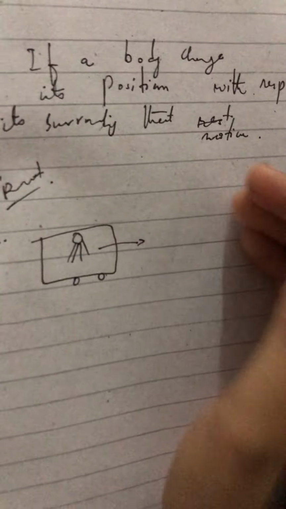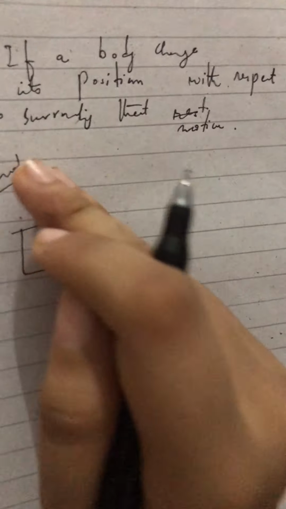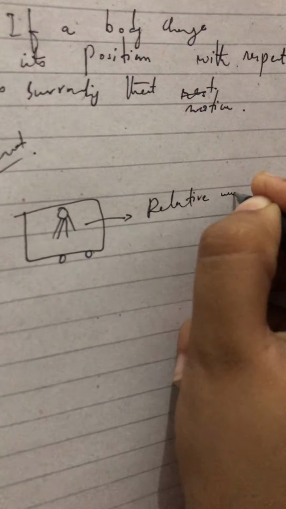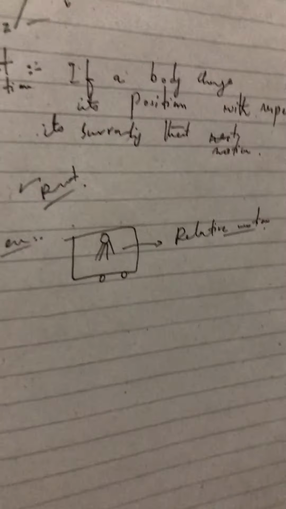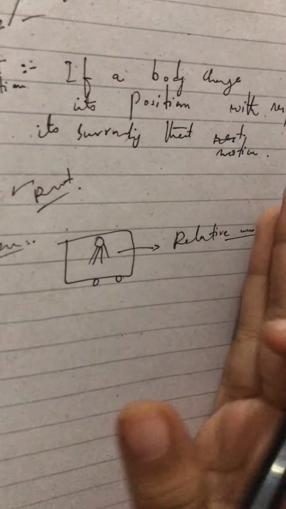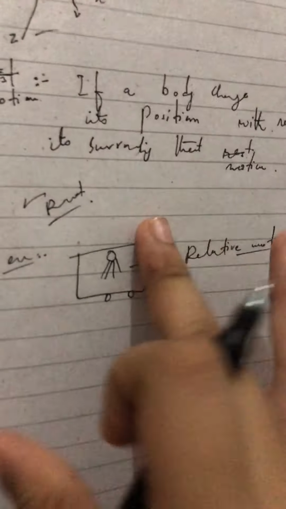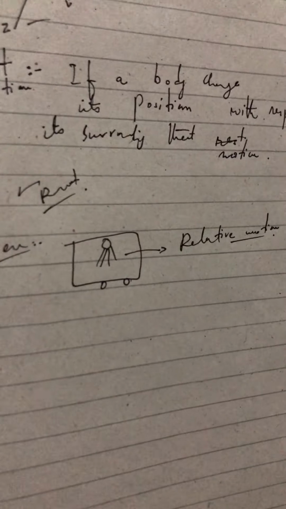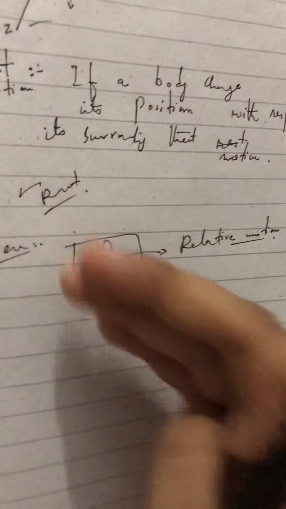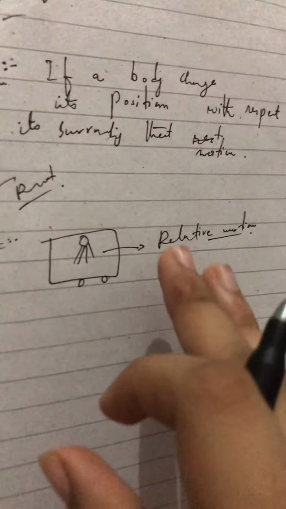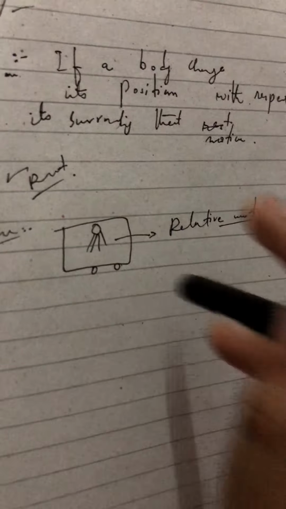If a body changes position with respect to a second body, that will be called the relative motion. I am repeating that if a man is sitting in a car and the car is moving, the body which moves with respect to another body, that is called a relative motion.